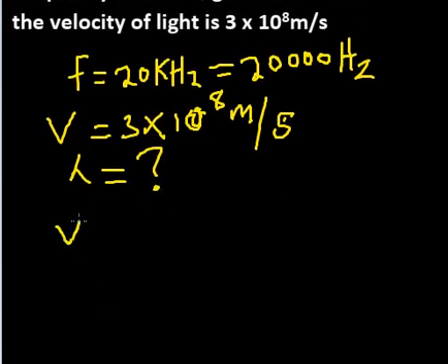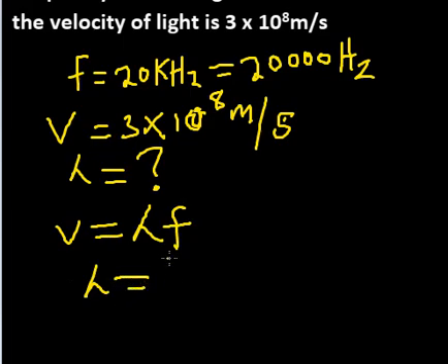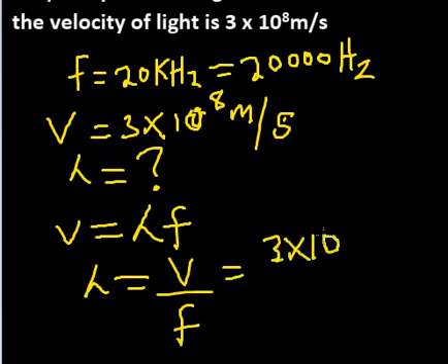As simple as it is, we use this formula: v is equal to lambda f. So lambda is going to be equal to v divided by frequency. That's going to be 3 times 10 raised to the power 8 divided by 20,000. So this should be 2 times 10 raised to the power 4, right? Four zeros, 10 raised to the power 4.